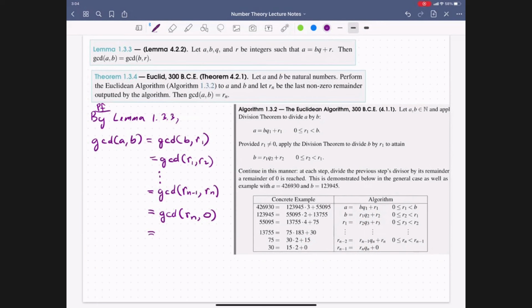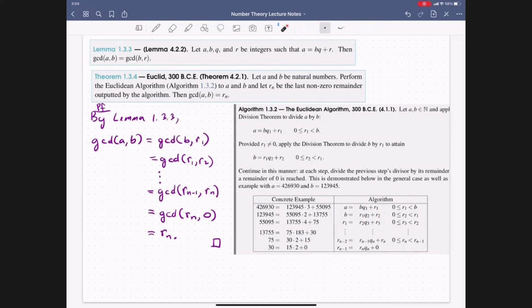So if we're looking at the greatest common divisor of 0 and rn, it's going to be r sub n. And now transitivity of equality tells us that the GCD of A, B is equal to Rn, which is what we wanted to show, and we are done. And so we have now proven the Euclidean algorithm. And as we saw, the key step is this lemma. That was the key step.